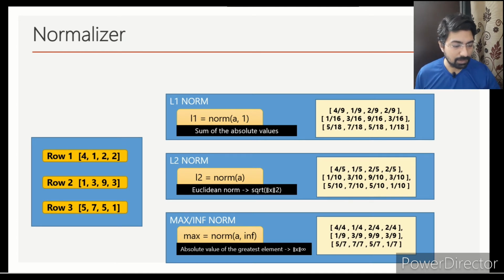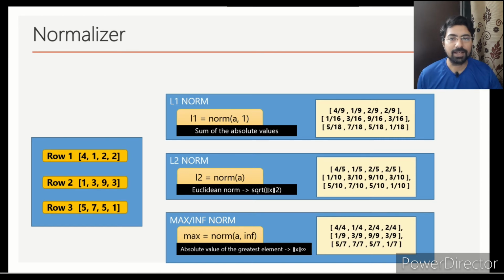Here 7 is the maximum absolute value, so we divide 5 by 7, 7 by 7, 5 by 7 and 1 by 7. So we are clear what the normalizer transformation is doing on the data.